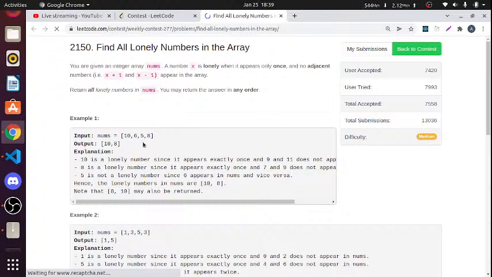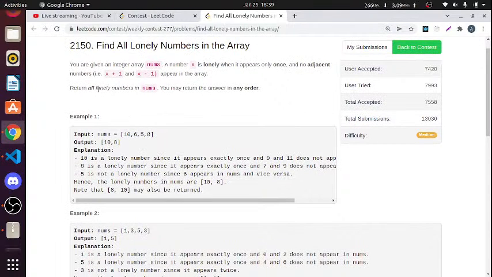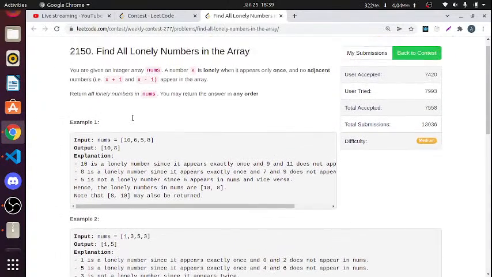Okay, so we have the third problem. You are given an integer array nums. A number x is lonely when it appears only once and no adjacent numbers are in the array. We return all lonely numbers, and numbers may be returned in any order.